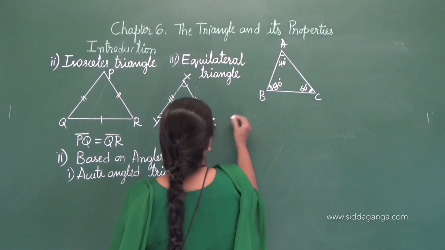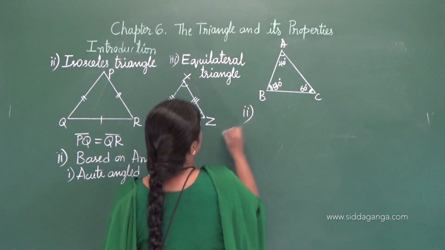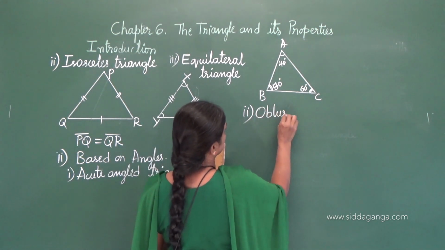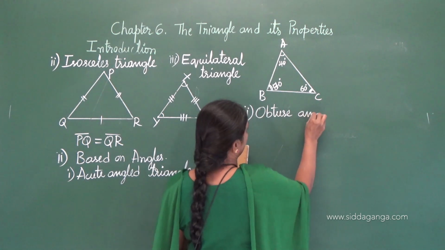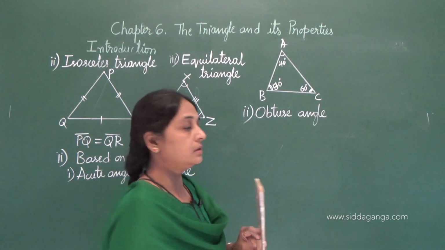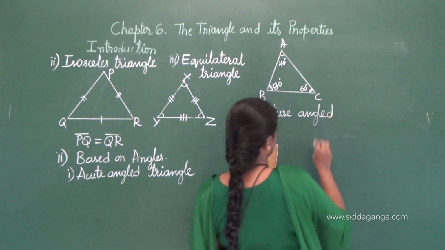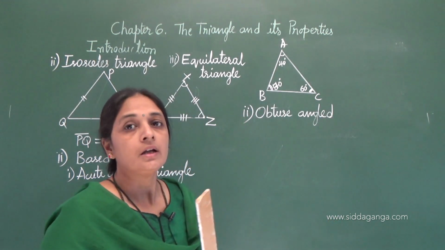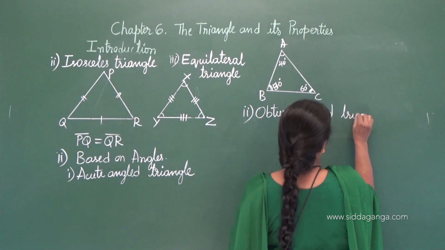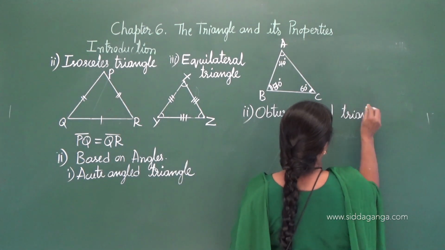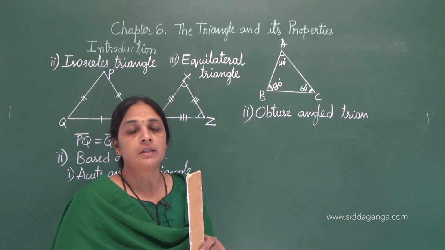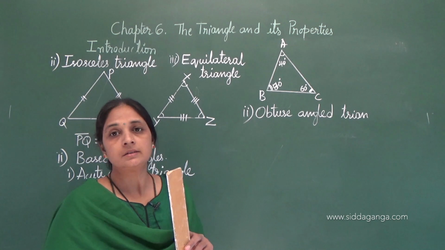And the second one is obtuse angled triangle. What is an obtuse angle? An angle which is greater than 90 degrees is called an obtuse angle. Can you guess how many obtuse angles there are in a triangle?